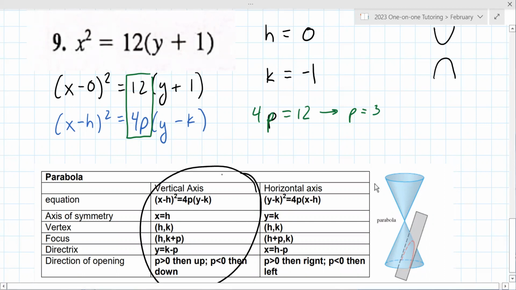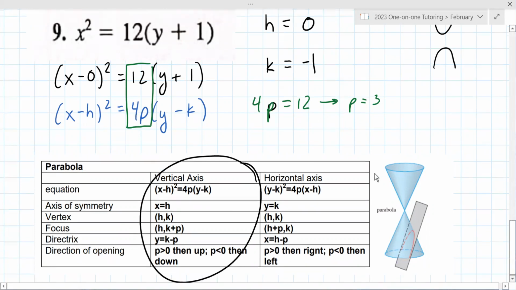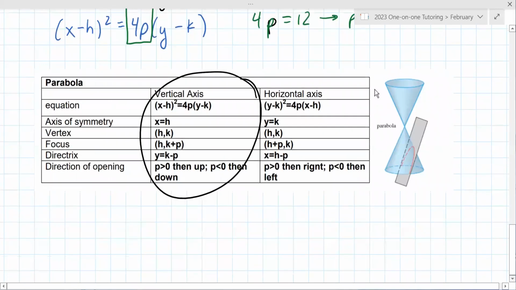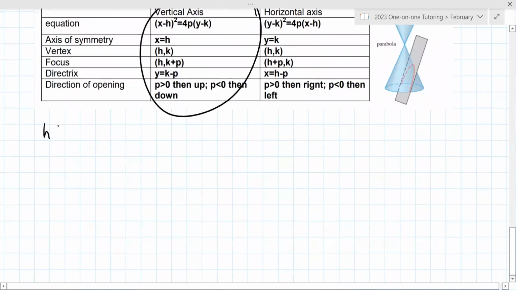So it's really similar to the last one. Now you have to use those values that you found: h is 0, k is -1, and p is 3. You start writing: your axis of symmetry is x equals 0. Vertex is (h, k), which is (0, -1).